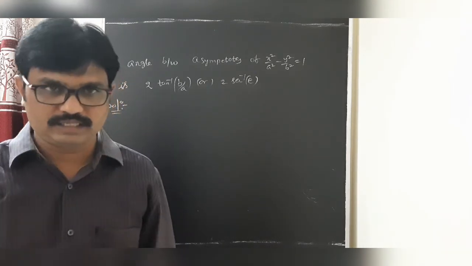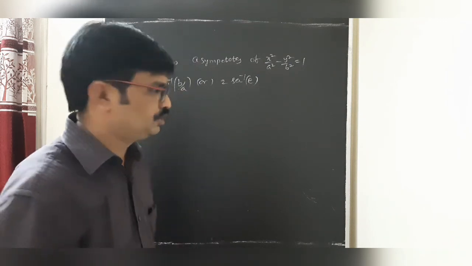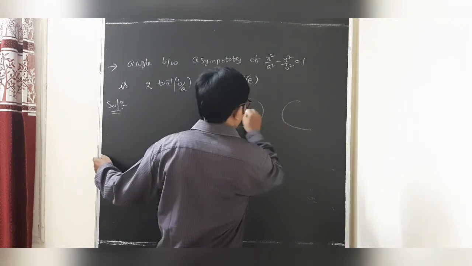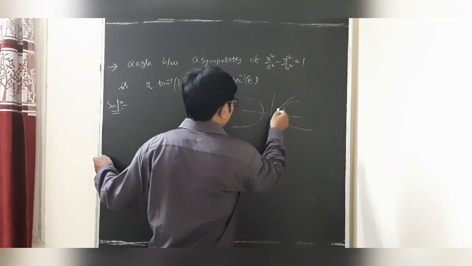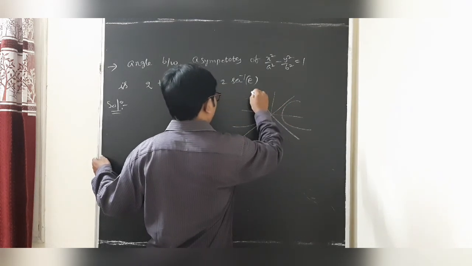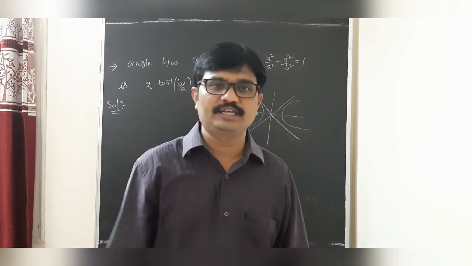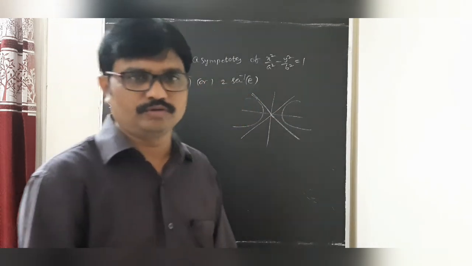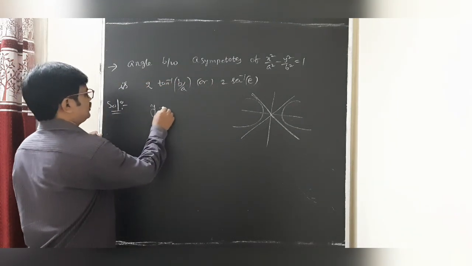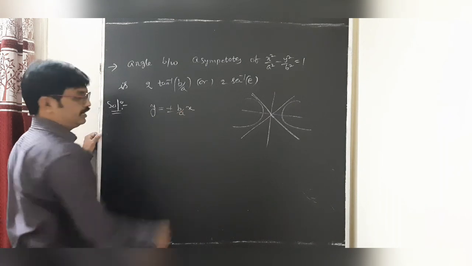This is known: the asymptotes are the tangents which touch the hyperbola at the points at infinity. The equation of the asymptotes is y equal to plus or minus b by a x.